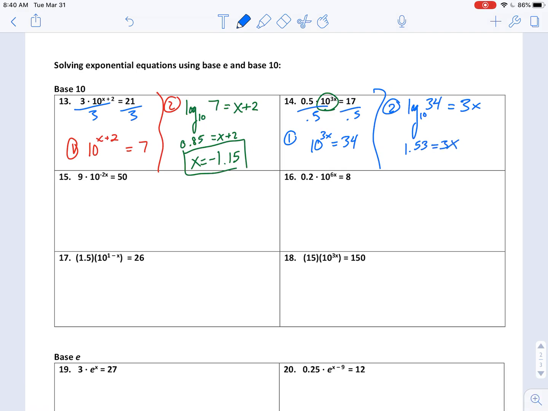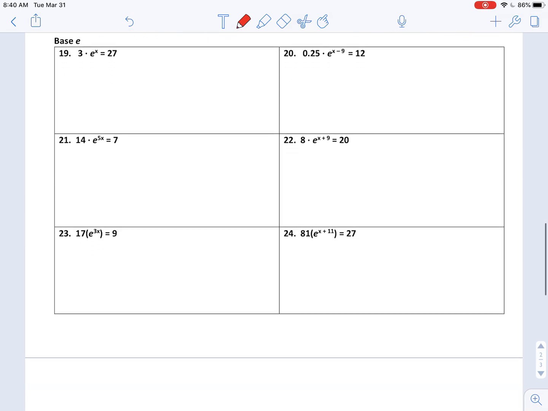Log of 34 is 1.53 approximately. And then to get that x by itself, I can divide by 3. x equals 0.51.